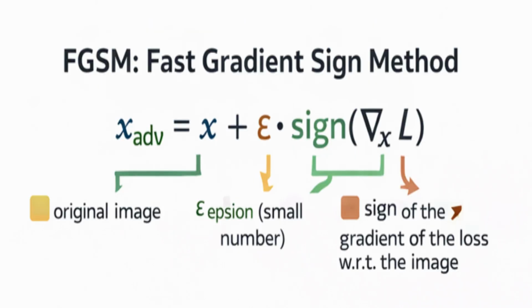FGSM is the fast gradient sign method. That's the general abbreviation that is used for it. And what it does is you can take the gradient of loss based upon your input image and then take the sign and add a small epsilon. That's all that you have to do, but this simple equation is enough to cause the image or model recognition to be completely different.